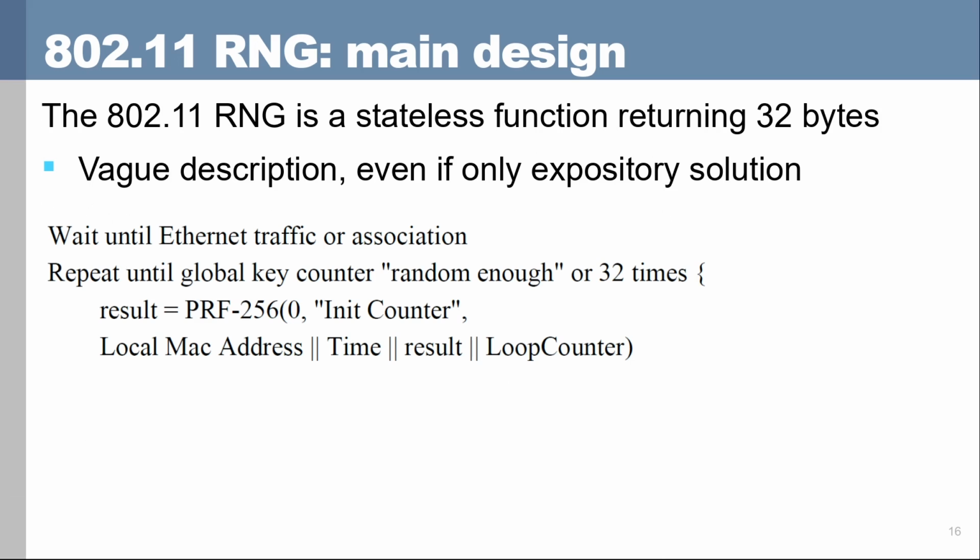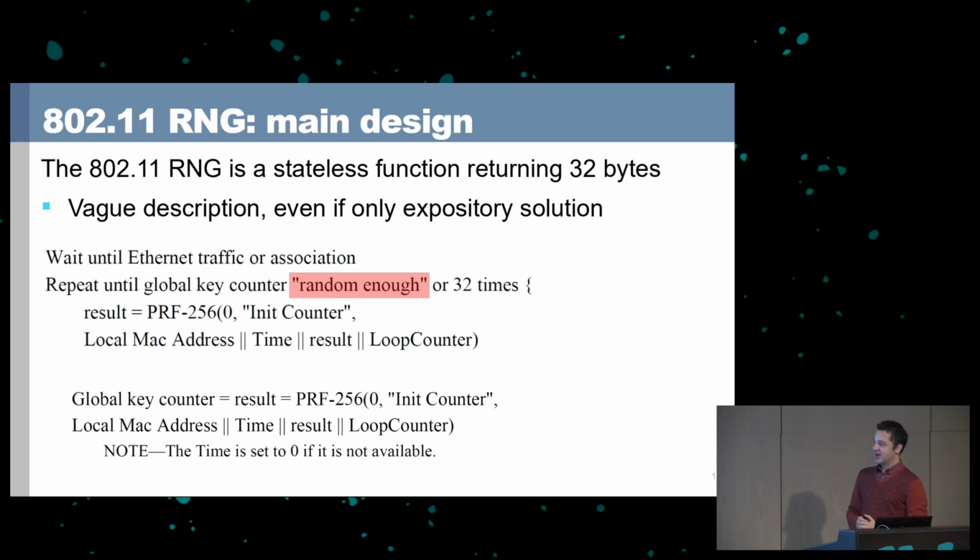Because if you look at the code, there is a main loop, and it simply says, repeat this algorithm until it's random enough. They don't specify what this means, so that's very strange and suspicious.